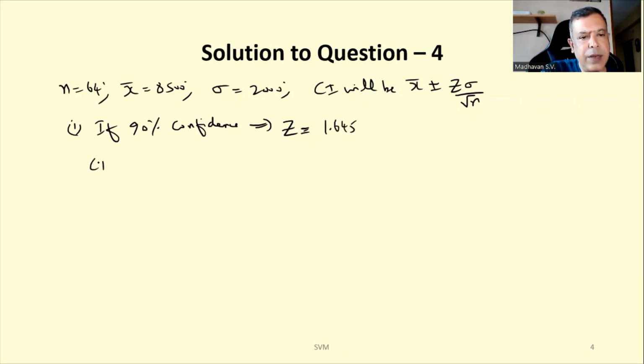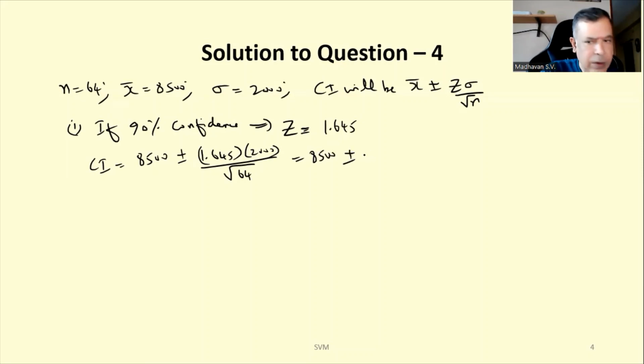So our confidence interval will be x bar, that is 8,500, plus or minus 1.645 times sigma, which is 2000, divided by square root of 64.